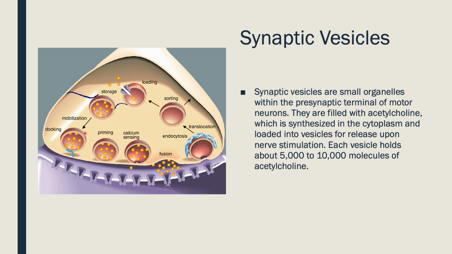Now, when that action potential reaches the presynaptic terminal, it will trigger voltage-gated calcium channels to open. And when those calcium channels open, calcium ions enter in. This influx is essential for the vesicle to fuse with the presynaptic membrane, a process facilitated by proteins like SNAREs, and release acetylcholine into the synaptic cleft.